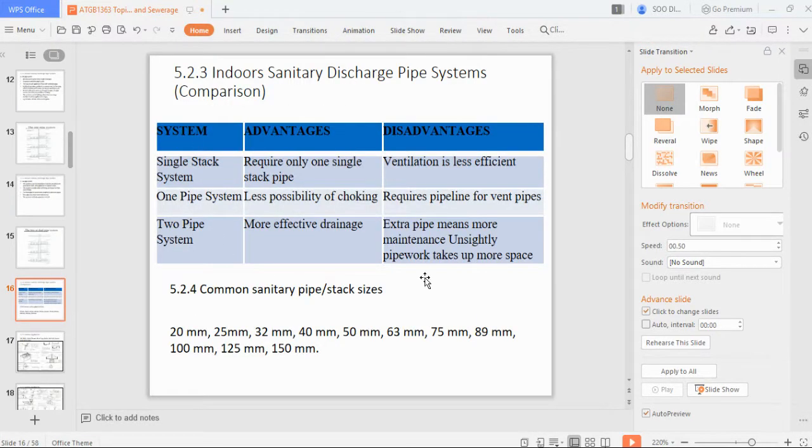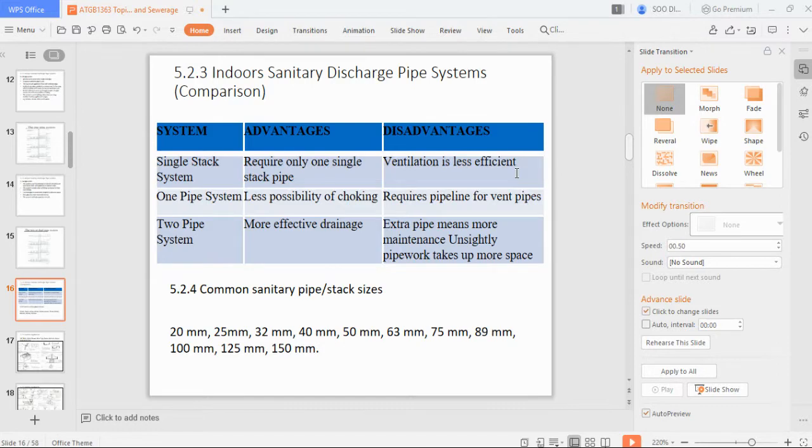So you have a comparison of these three systems. The first system, the single stack system, has the advantage of requiring only one single stack pipe. Because it requires only one single stack pipe, this is cheaper to install. But because it's only one pipe, ventilation is less efficient.